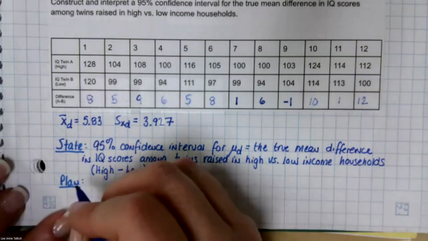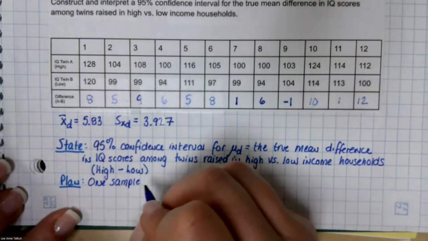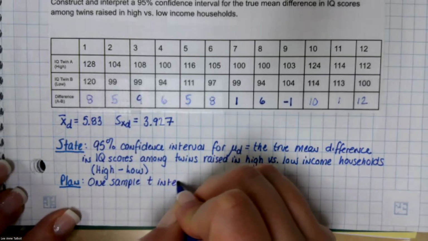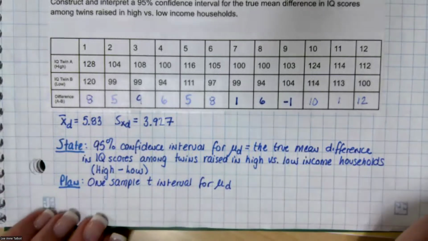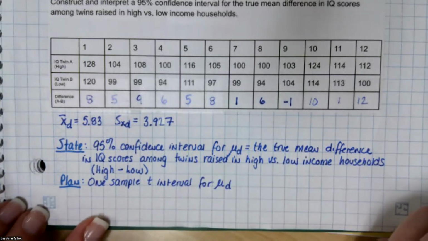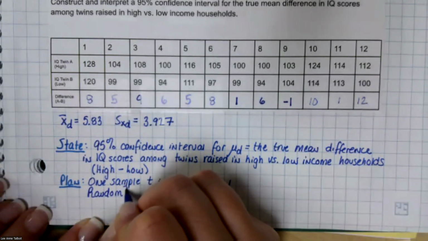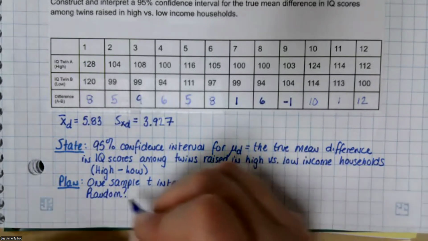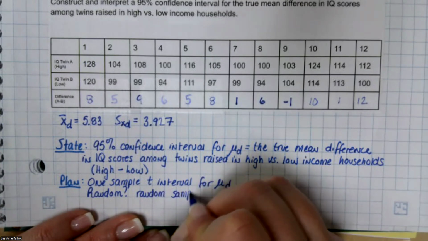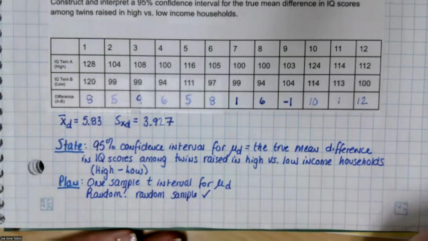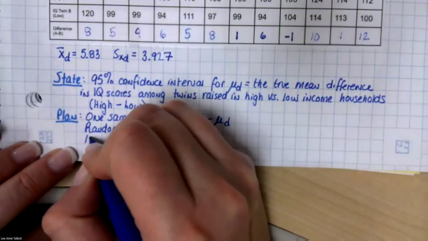So, one sample T interval for mu D. Random. Yes, random sample. 10%.